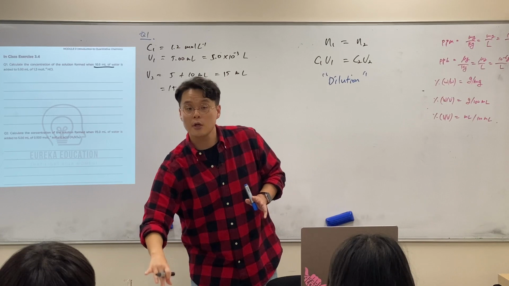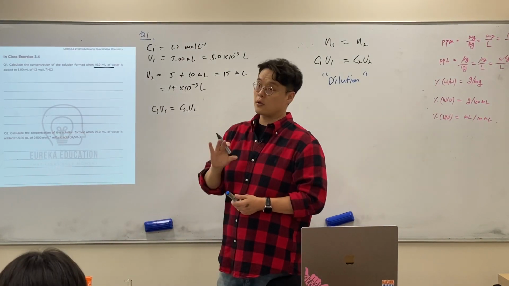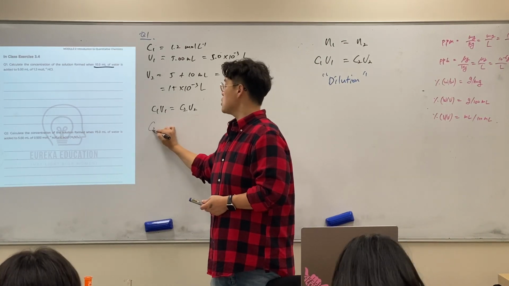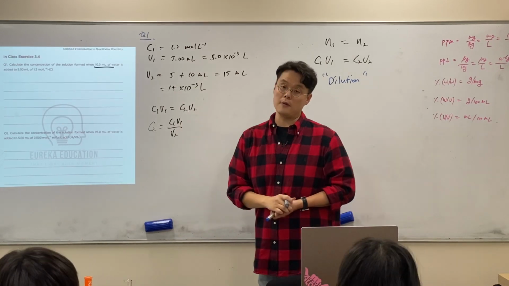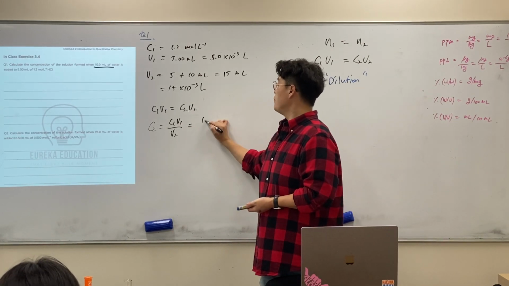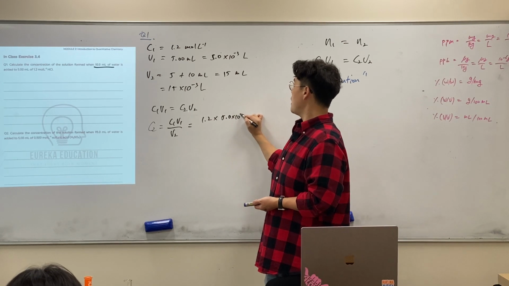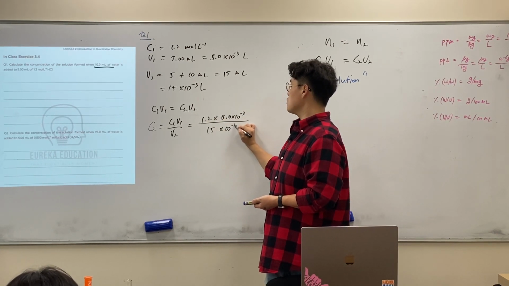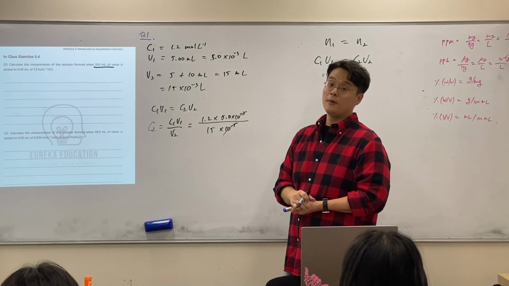So I'm bringing up the formula C1V1 equals C2V2. But the question is asking for the new concentration. That C2 can be found by C1V1 divided by V2. C1 we're given as 1.2, substituting the value 5.0 times 10 to the power minus 3 for V1, divided by 15 times 10 to the minus 3. You will realize that these two cancel out.